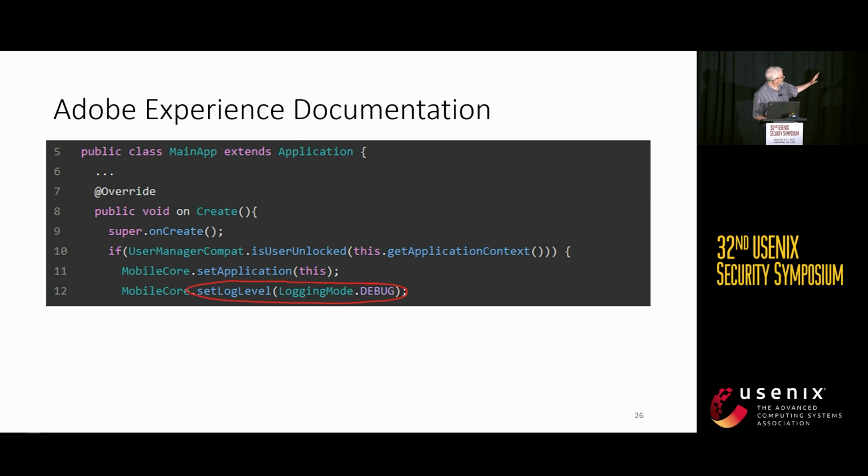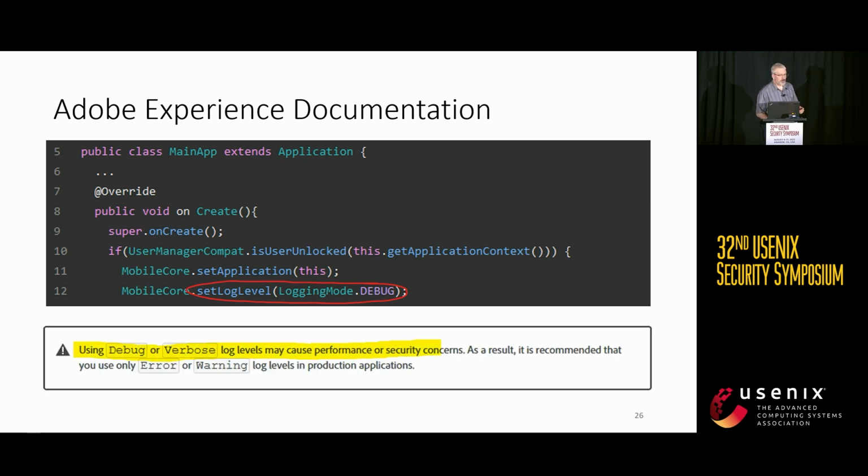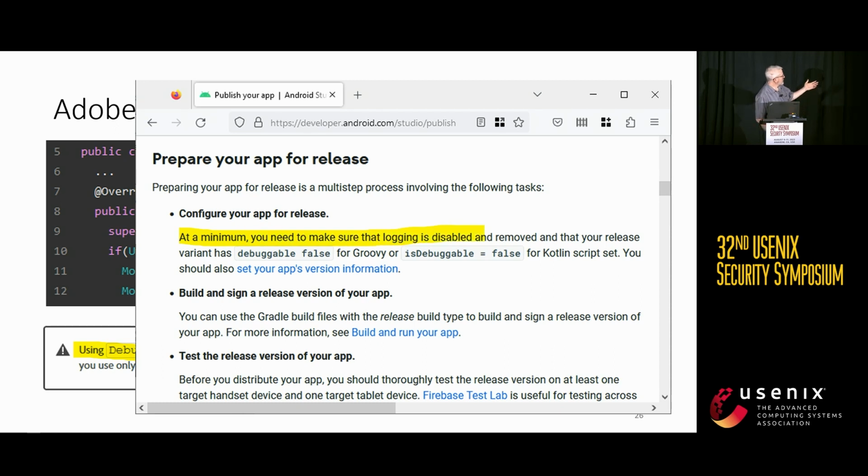But we assume that the developers read this far into the documentation, copied and pasted it in, and their app ran. Even though on the next page, it pretty much says, don't do this, because debug can cause performance and security problems. And in any case, Google says that when you release an app, you should clean up the logging.